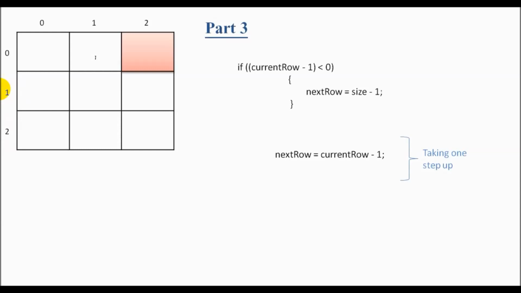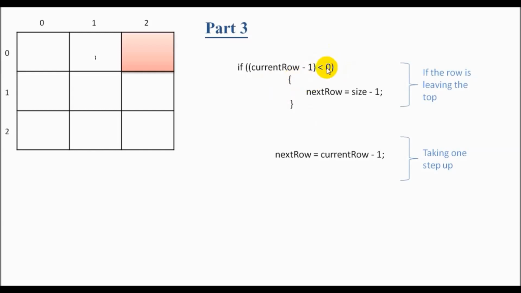And this is the code for checking the condition if the row is leaving the top or not. As we are checking a condition here, we need to start an if statement here. So the condition is current row minus 1 must be less than 0.